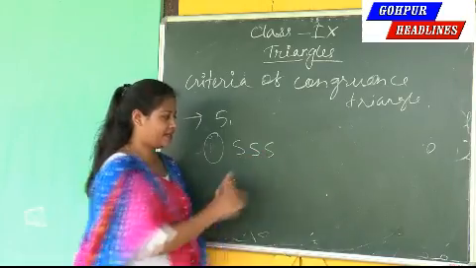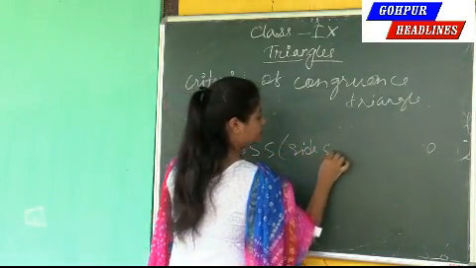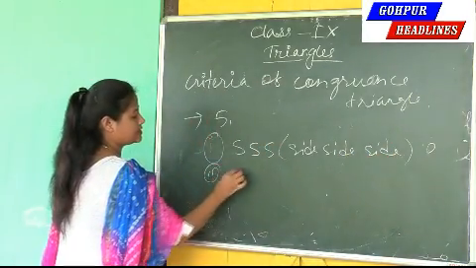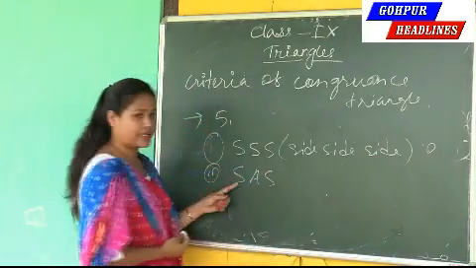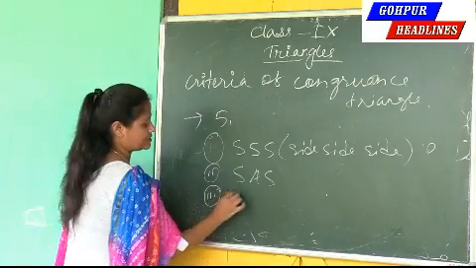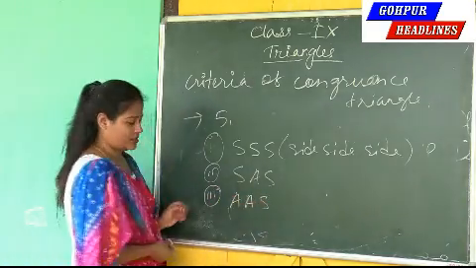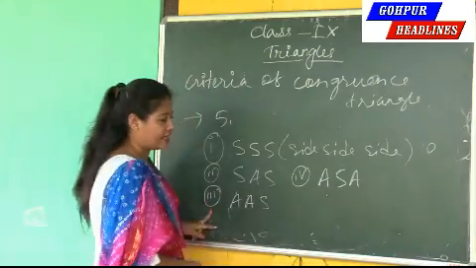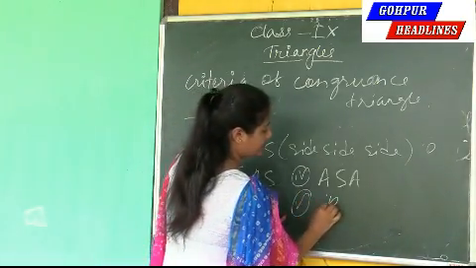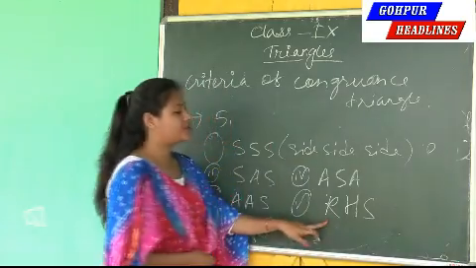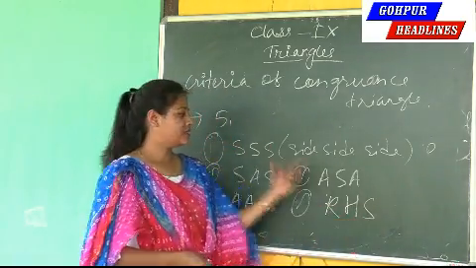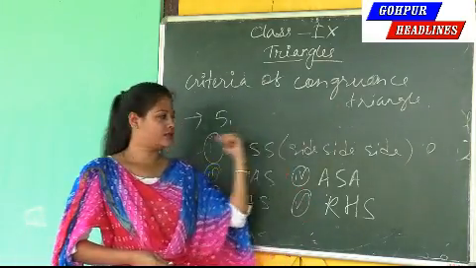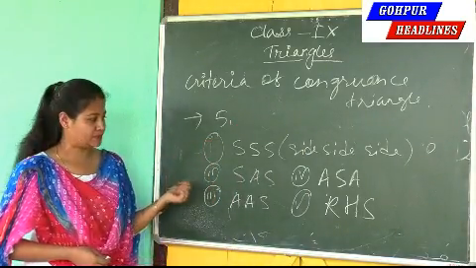Next is side, angle, side (SAS). Third is angle, angle, side (AAS). Fourth is angle, side, angle (ASA). And the fifth one is RHS, that means right angle, hypotenuse, side. These are the 5 criteria of congruence of triangles. So let's discuss them one by one.